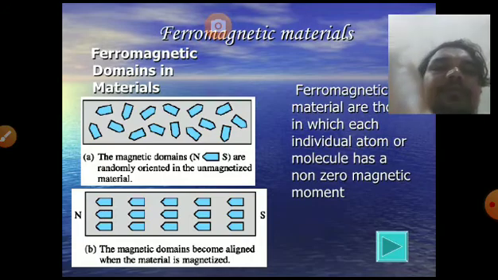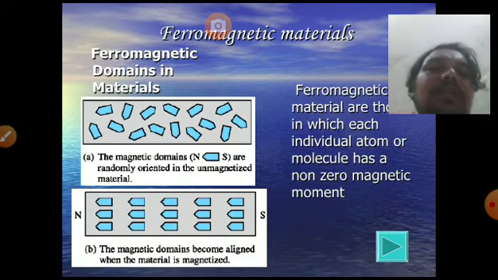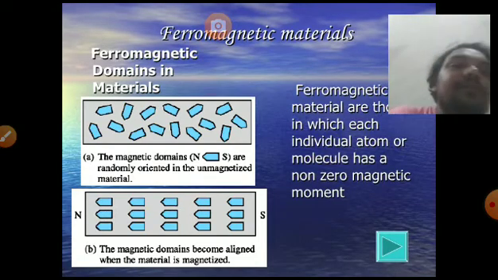See in the diagram, the magnetic domains, the arrow marks showing North Pole and South Pole, are randomly oriented in the unmagnetized material. The magnetic domains become aligned when the material is magnetized.